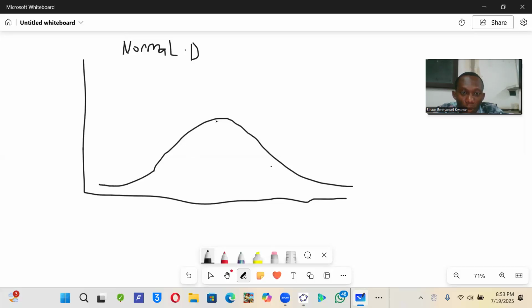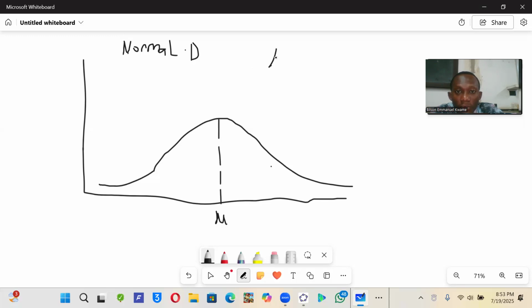Then the middle of the normal distribution is the mean. We use a Greek letter for it, that is mu. When we go to GeoGebra Classic 5, I'm going to explain this in detail. But there are two things that we have to know as far as normal distribution is concerned.